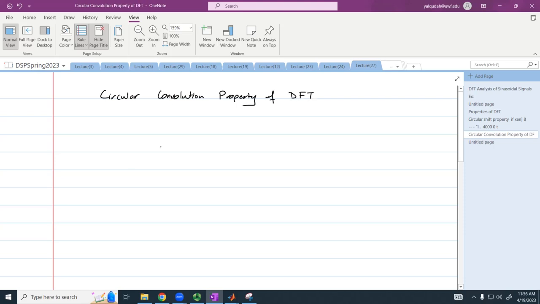What this property says is, if you have x1 of n, and x1 of n has a discrete Fourier transform that is x1 of k, and you have x2 of n, and it has a discrete Fourier transform that is x2 of k, both of these are N-point DFT.